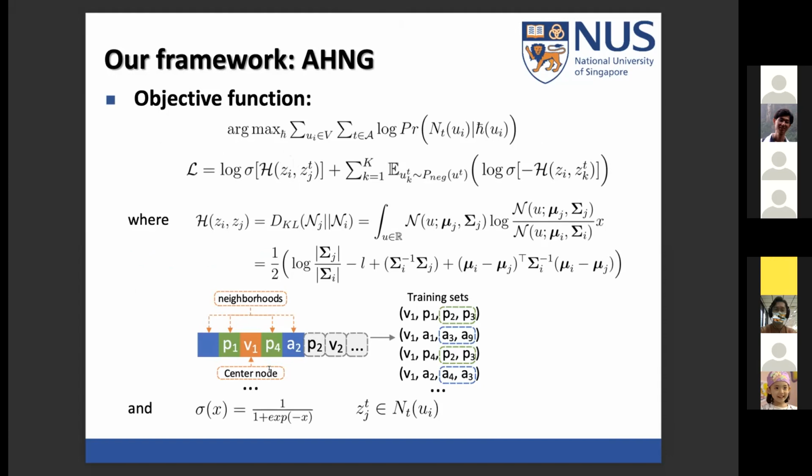Given a node, it has its neighbors, right? The embeddings of the neighbors will have an impact on the target node, right? And how do you aggregate such impact, or how do the neighbors exert their influence on the target node?